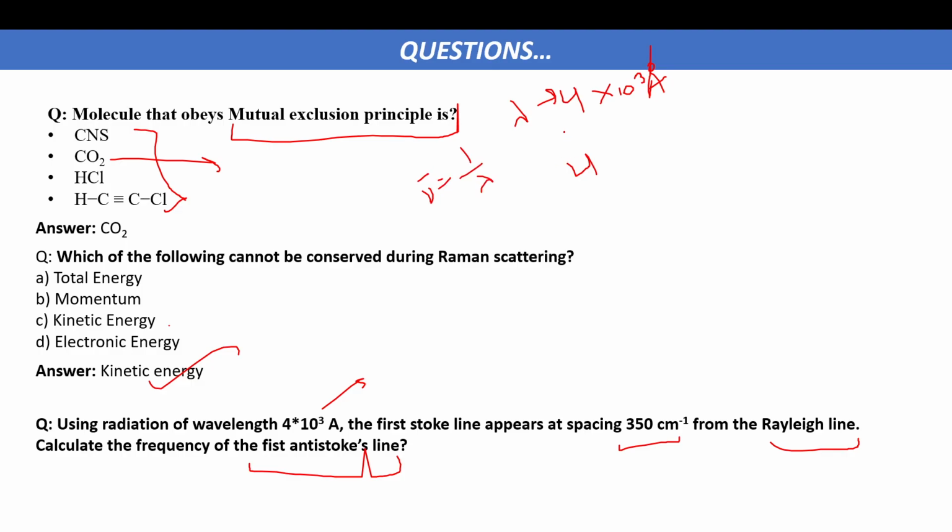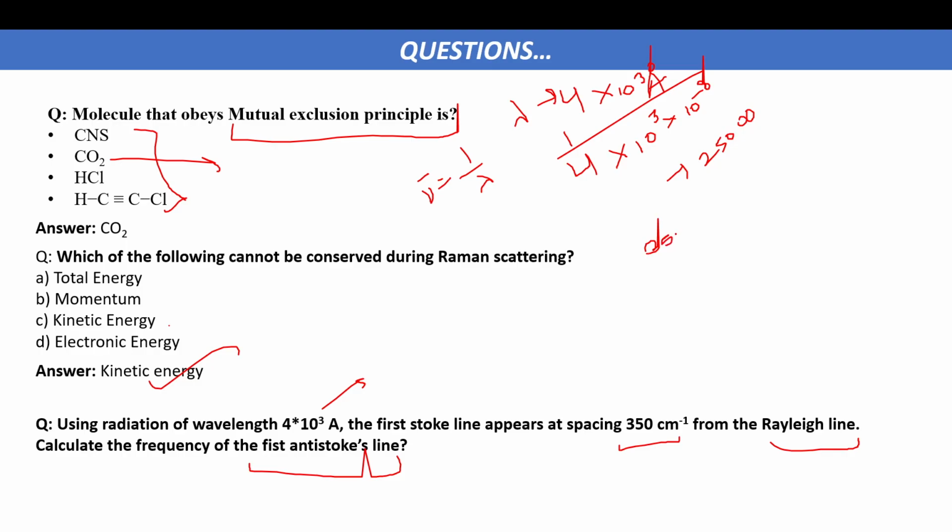So here 1 by wavelength, angstrom we will convert, it is 10 to the minus 10, but in centimeter it will be minus 8. So after solving it, the wave number will be 25,000 centimeter inverse.